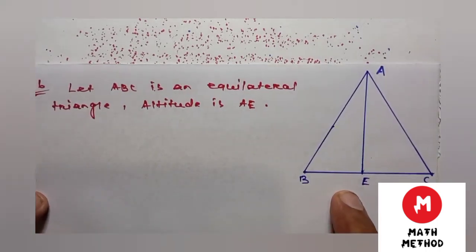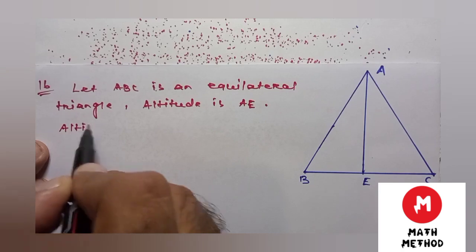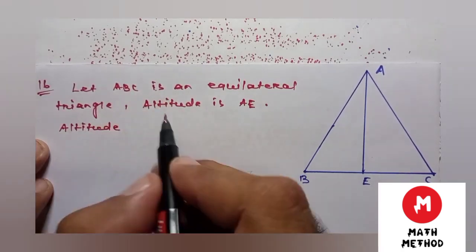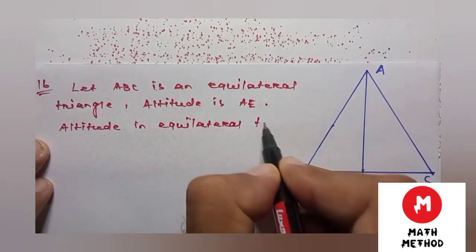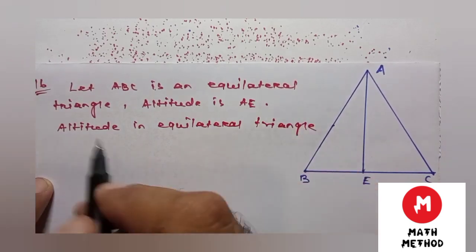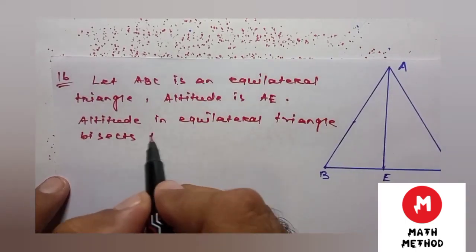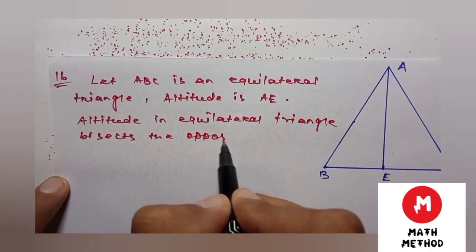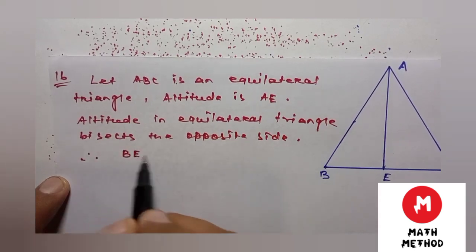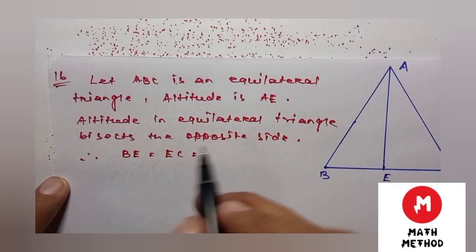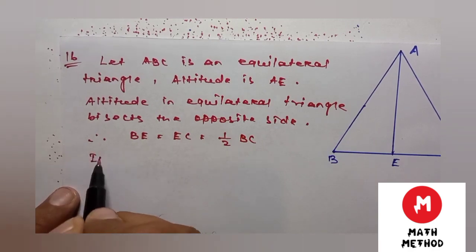Now we know that the altitude in an equilateral triangle bisects the opposite side. Therefore BE is equal to EC, which is equal to half of BC. Clear?